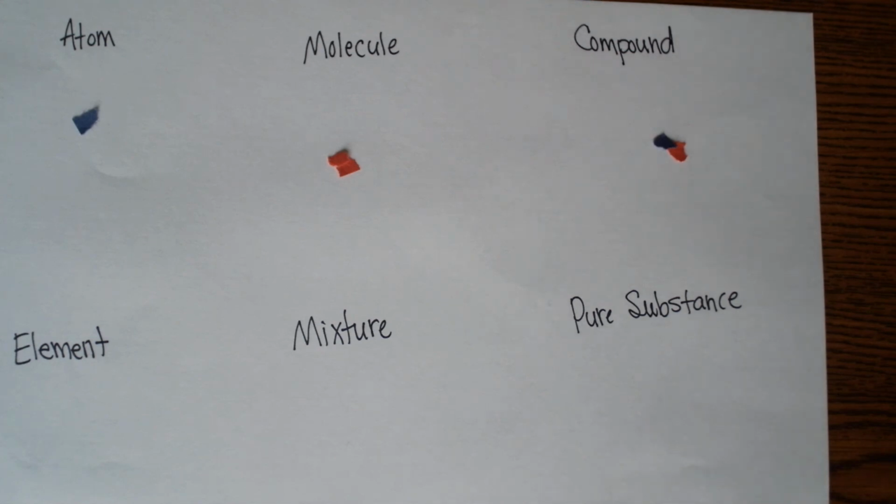Okay? All right, so if we know that an atom is just one single piece, but an element is made of all the same atoms, how could we show that? What would you do if you were the one with the paper? That was the point of the whole thing: if you were the one doing this, how would you do that? Caden, I saw you shrug like you had an idea. What were you thinking?